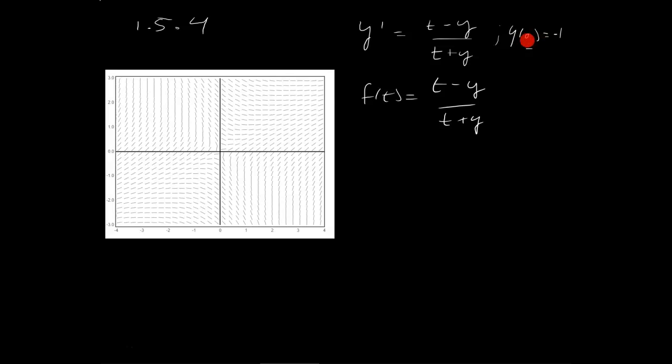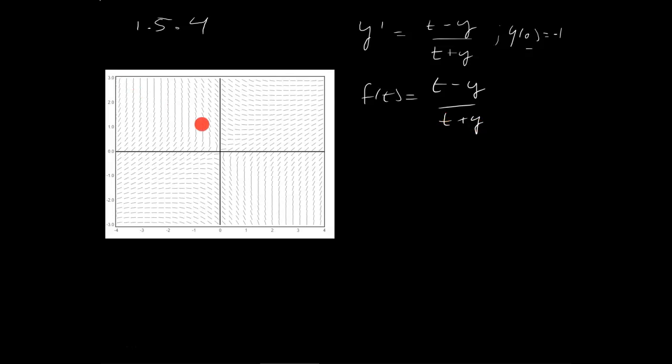Looking at this particular problem, we have 0 for t and negative 1 for y. And sure, those are different, absolutely. So there will be a unique solution for some rectangle, some region around our point. Picard's theorem doesn't say exactly what it is, but as long as that rectangle doesn't include a discontinuity, you'll be okay. So in this case, we're just avoiding where t is equal to negative y.